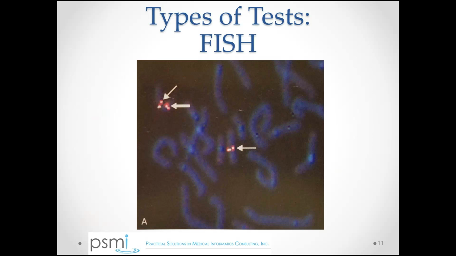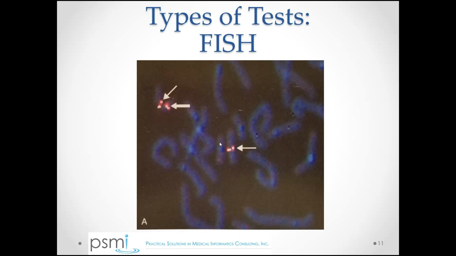Here, this is FISH technology. The thin arrow is a probe for the chromosome 17 centromere. And we see that there's two of those, so we know that there's two chromosome 17s. The thick arrow is for a portion of 17p, the short arm of 17p.